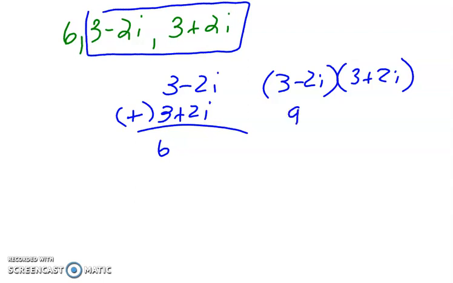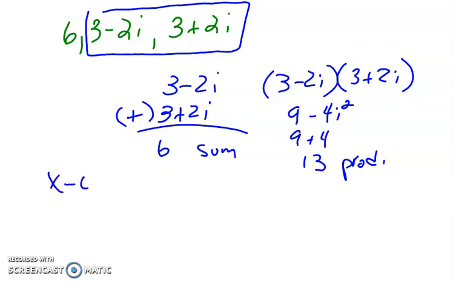So we'll get 9. The middle's going to cancel. We'll get minus 4i squared. So 9 plus 4 is 13. So here's my product, and here's my sum. So the factor, we got the 6, so that becomes x minus 6. And this becomes x squared minus the sum, so minus 6x plus the product, 13.